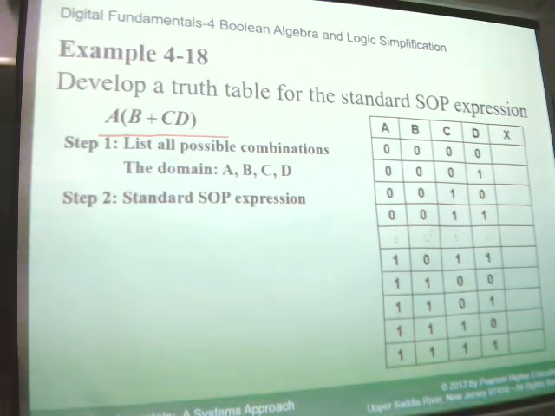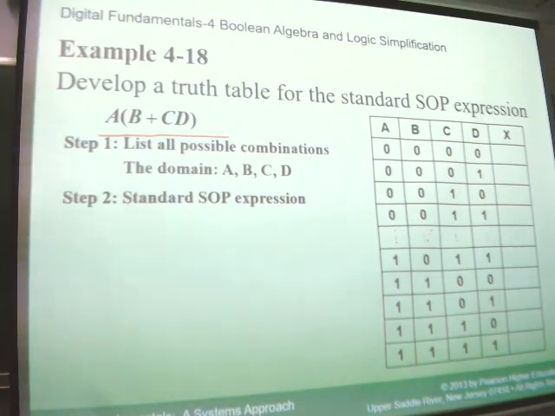Then for the same method, it equals ABC times (D plus D bar) plus ABC bar times (D plus D bar).